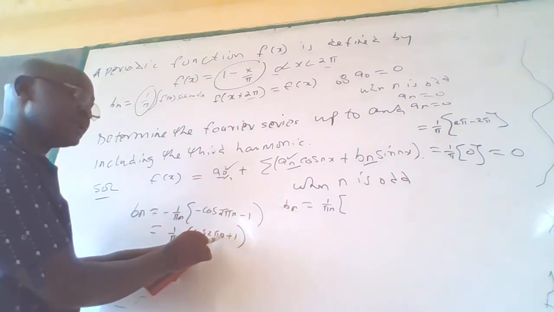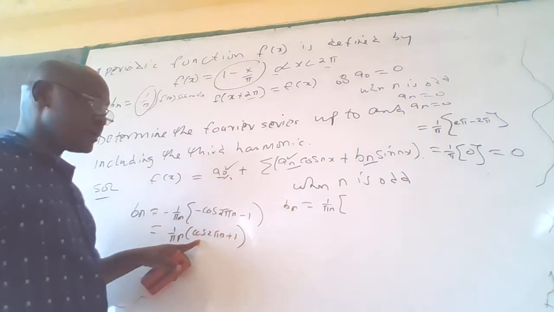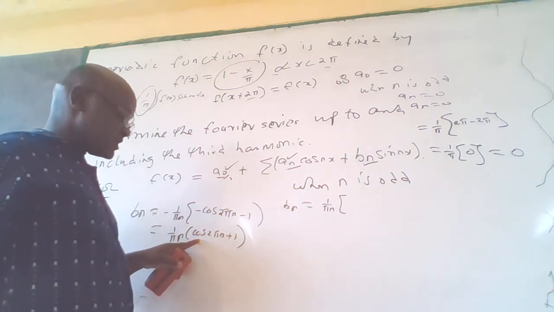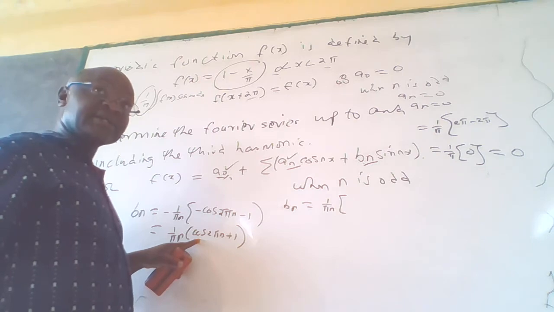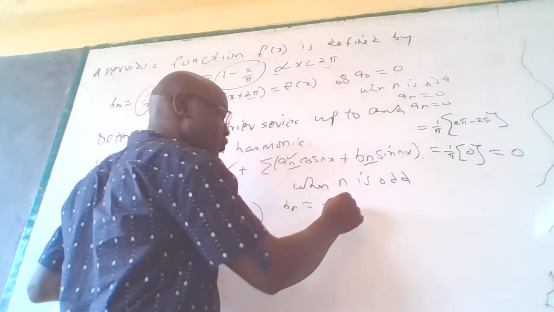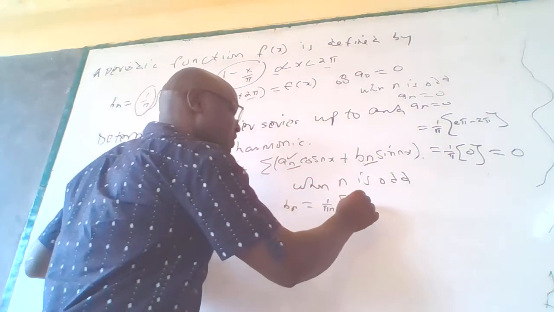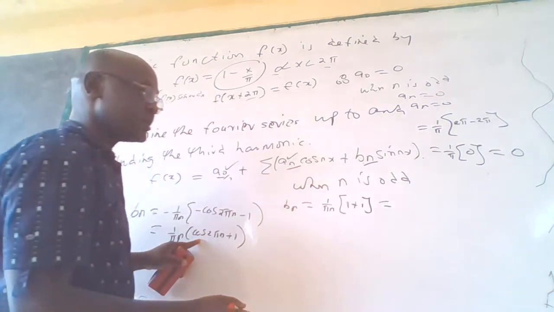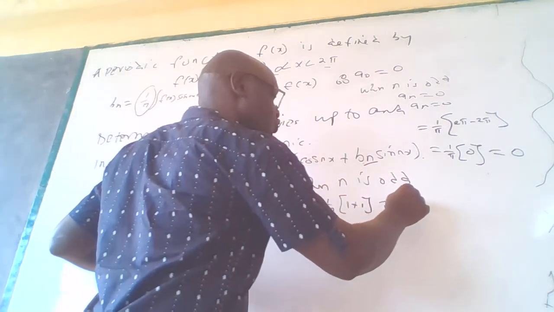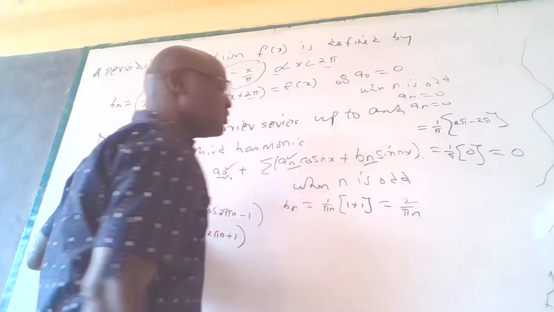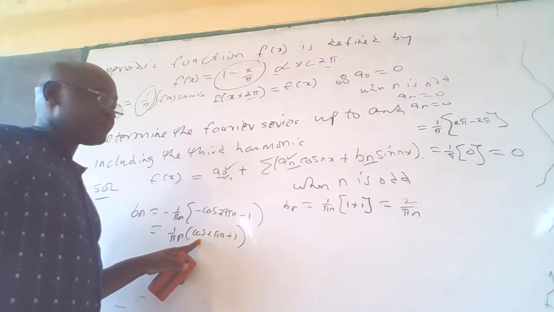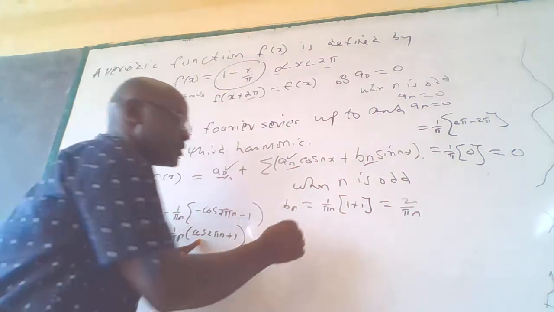So when n is 1, this is cos 2 pi. Cos 2 pi is the same as cos 360, which is 1, then plus 1. This one equals 2 over pi n, when n is odd.